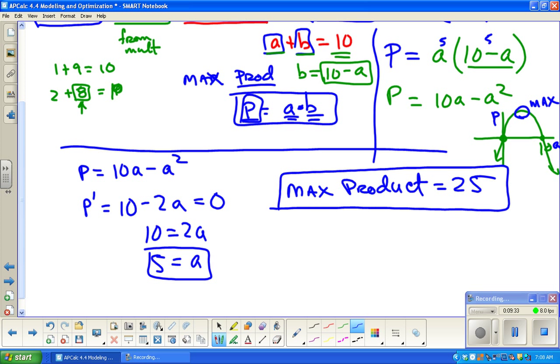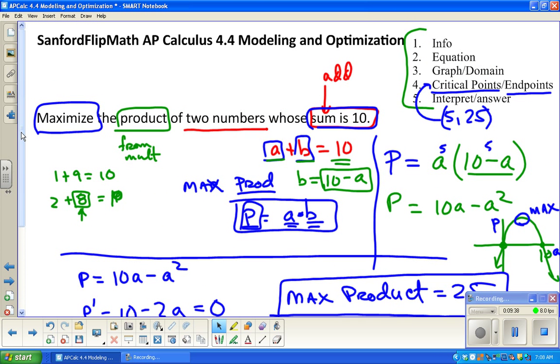Okay, so just a very speedy recap. I read the statement. I needed to find an equation for product, so that's multiplying. Two numbers that add up to 10, so one of them was A, one of them was 10 minus A. I did a sketch of it just to see what was going on, and domain is not really an issue for this problem because it's all real numbers for the parabola, and there's nothing about the context that says we shouldn't have negatives or positives or anything else.